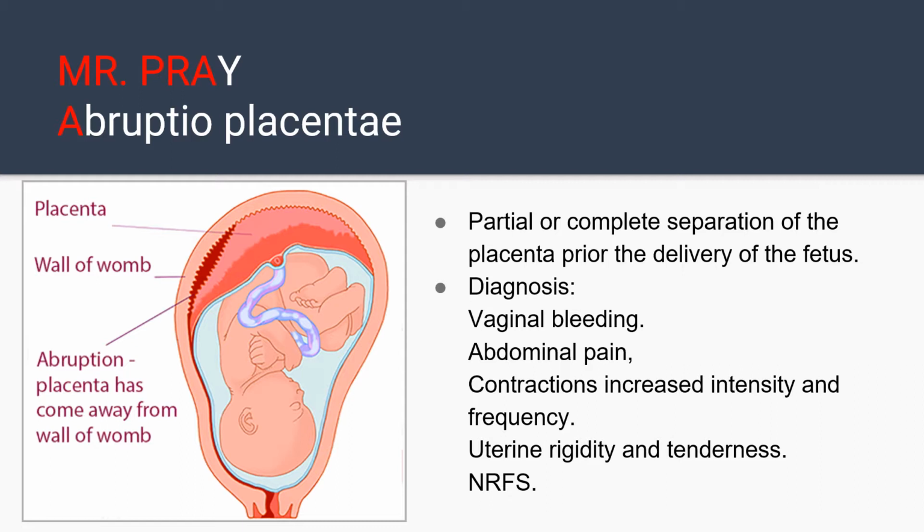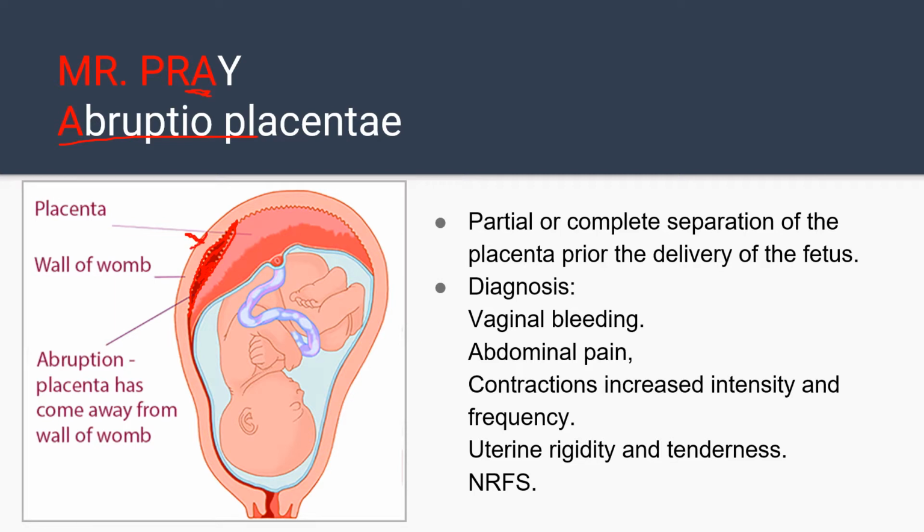And the last cause of PV bleeding is the abruptio placenta. That is the A from the MRR PRAY. So here we have the placenta, and there are some situations in the pregnancy that lead to a detachment of the placenta from the uterine wall and start bleeding here, making a clot that separates the uterine bed from the placenta.